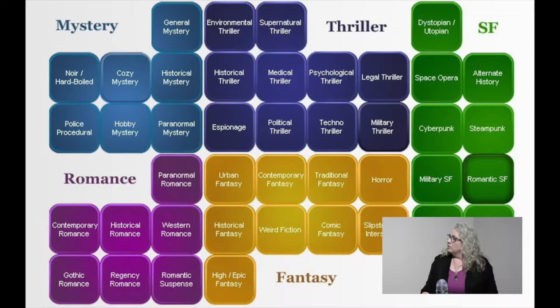And so if you look within those larger divisions, so that it has divided types of writing, genres of writing down, you can see how there are classifications under each division. So under the mystery part, it has police mystery, paranormal mystery, general mystery. And then if you look over in the thriller side, it has legal thriller, techno thriller, political thriller. And so it has given each one of those classifications a name.